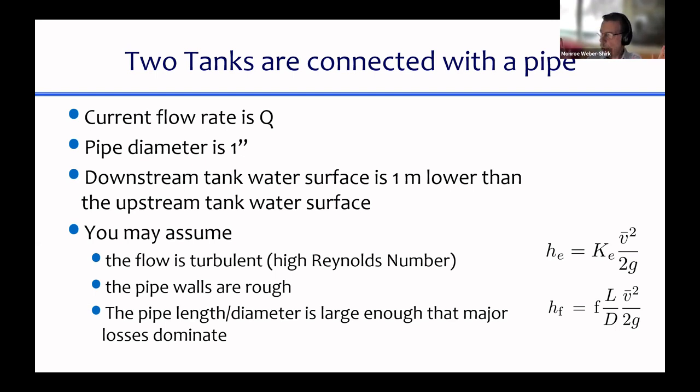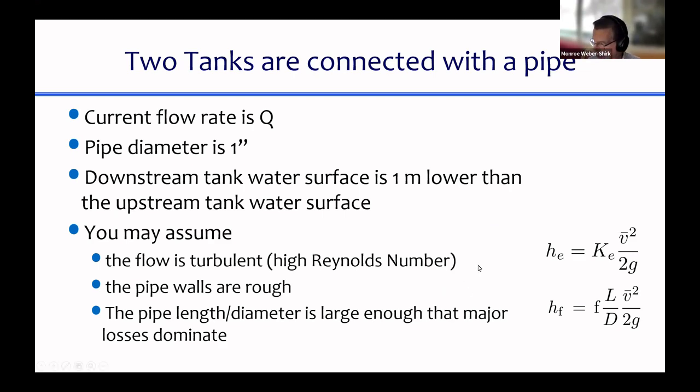So all we've got is this second equation, head loss is equal to FL over D times V squared over 2G. And from the first two assumptions, you know that F is constant because it's very turbulent and it's a rough pipe.